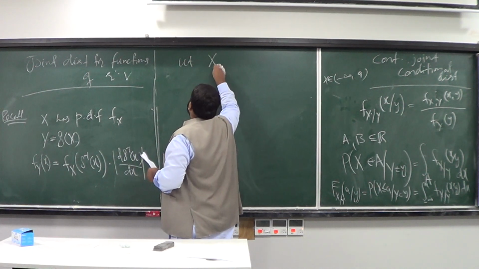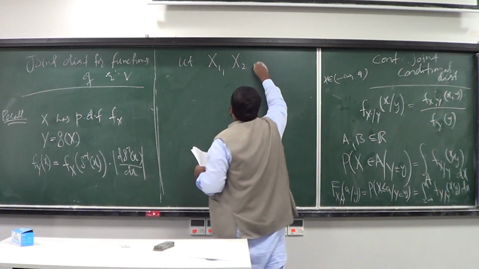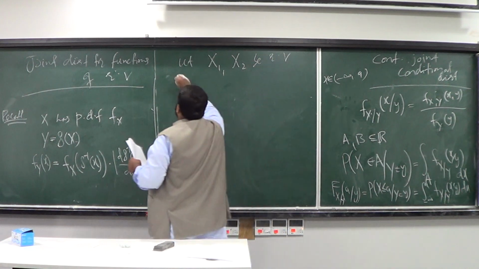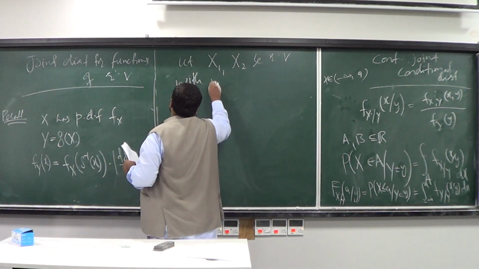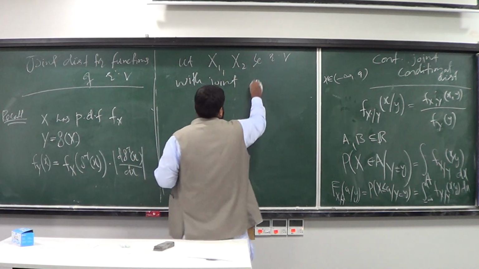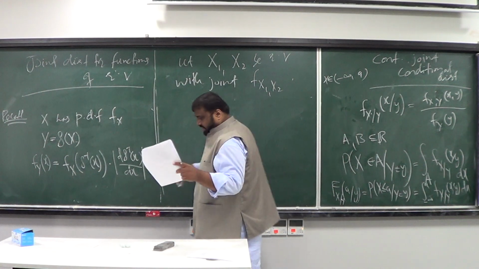So imagine you have two random variables X1 and X2 with the joint PDF, let's call it f_{X1,X2}.